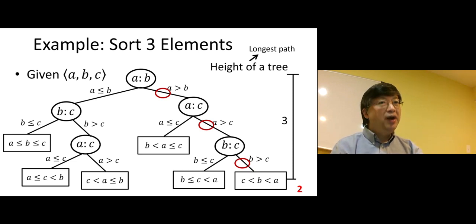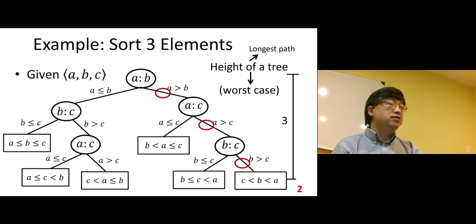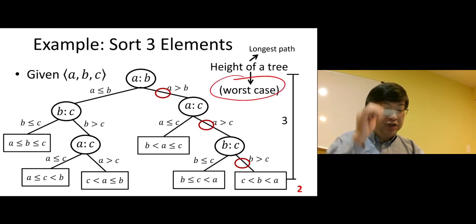Here you can see what is the meaning of the height of a decision tree. The height of a decision tree for a comparison sort corresponds to the worst case efficiency. Okay?